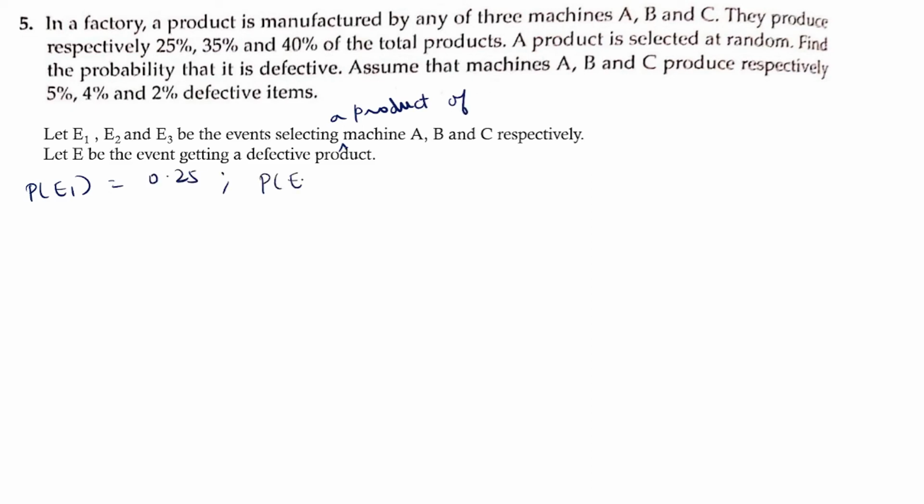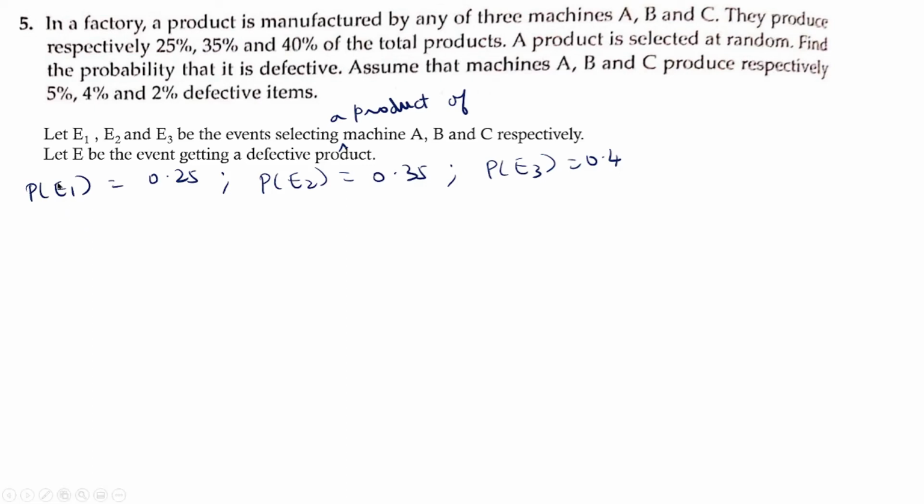Then probability of E2 will be 0.35 and probability of E3 will be 0.4. So when we select an item, the probability that it is produced by machine A is 0.25, by machine B is 0.35, and by machine C is 0.4.